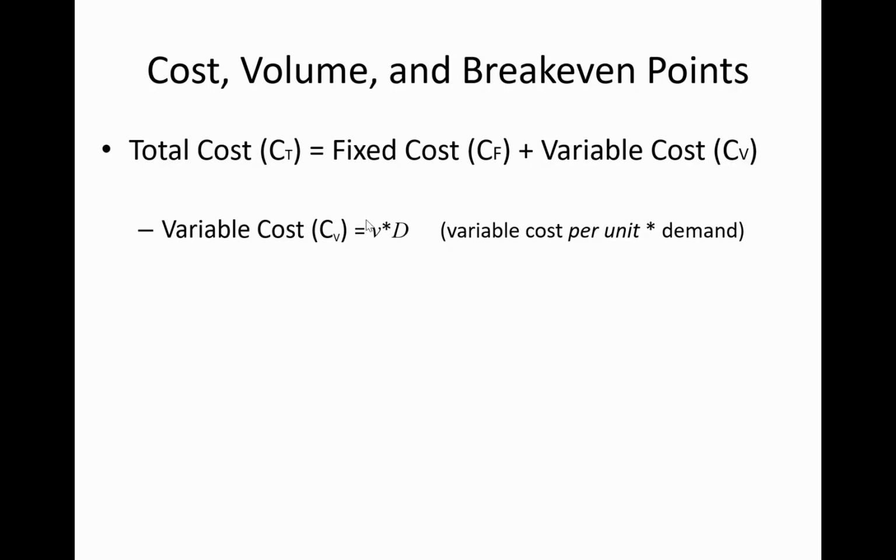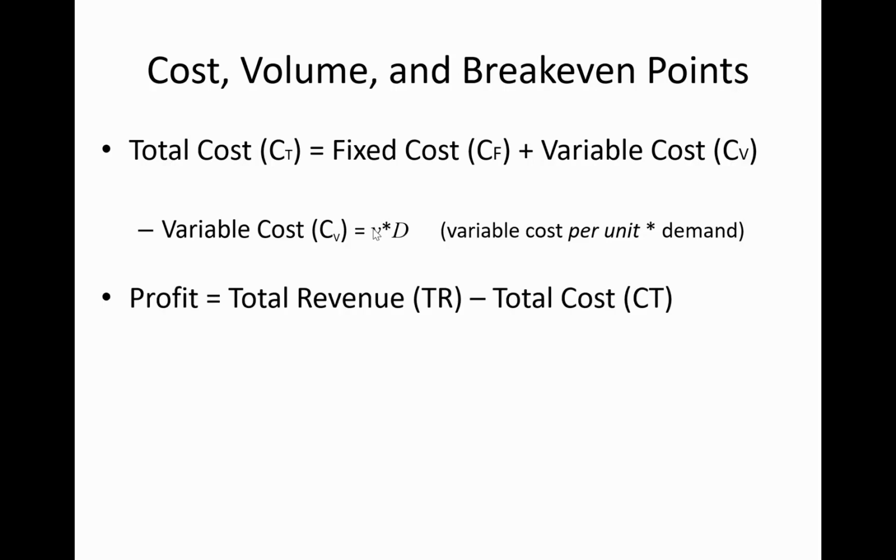So this lowercase v is variable cost per unit. It's where you express your variable costs in terms of each item that's being produced. And so the overall variable costs are how many items are being made, demand, multiplied by the variable cost per unit. So it's how much variable costs are tied up in each item that's produced.